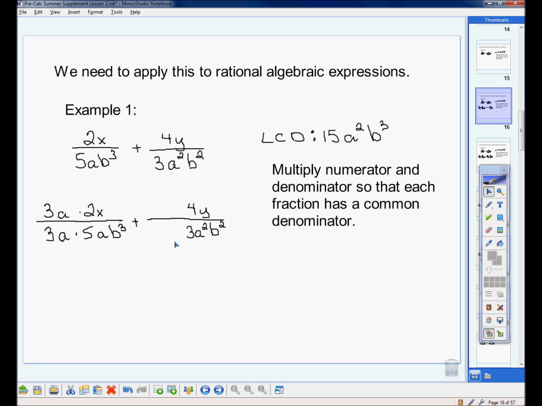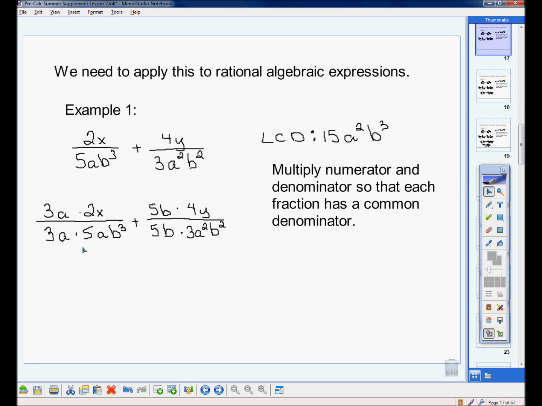So therefore we need to multiply the numerator and denominator by 5b. There it is, 5b. This will also give us 15a squared b cubed, which is our common denominator that we're looking for.